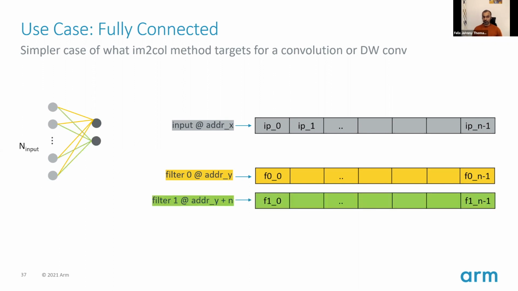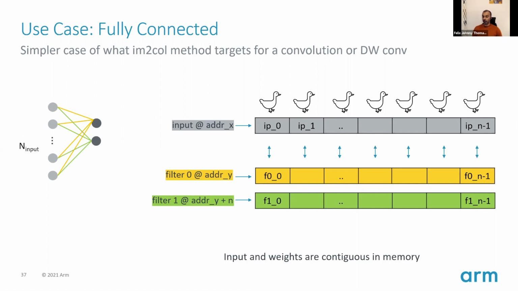To get the second output element, you need a new set of filter elements. The start of the second filter block begins at the end of the first one. The order in which you perform your multiply accumulate operations is the order in which data is stored in memory. And that is a very big plus when it comes to speed of an operator.